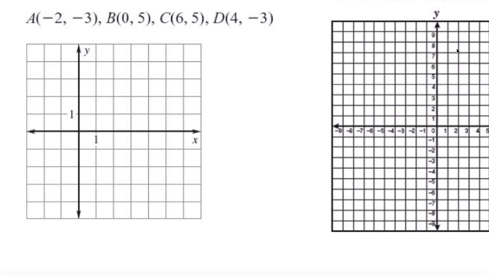A is at -2, -3. B is at 0, 5. C is at 6, 5. And D is at 4, -3.